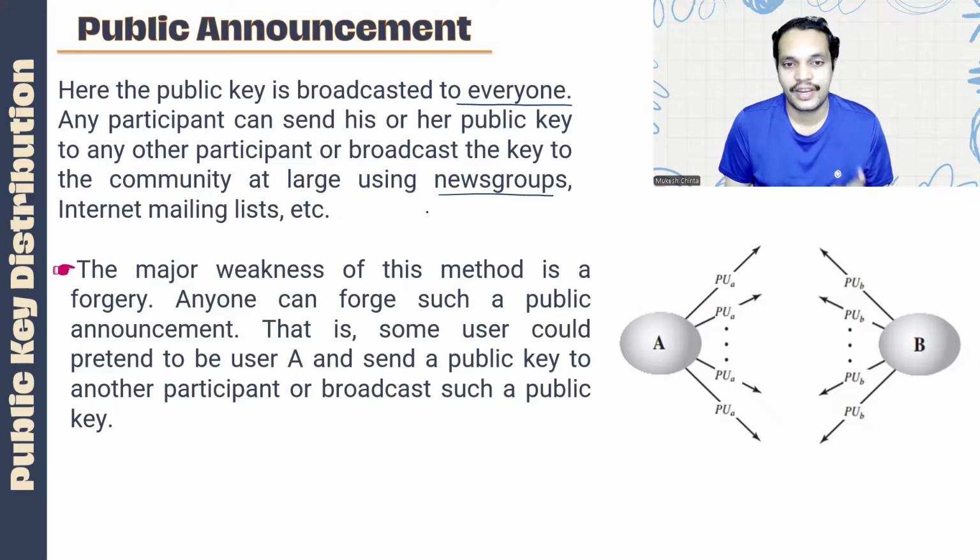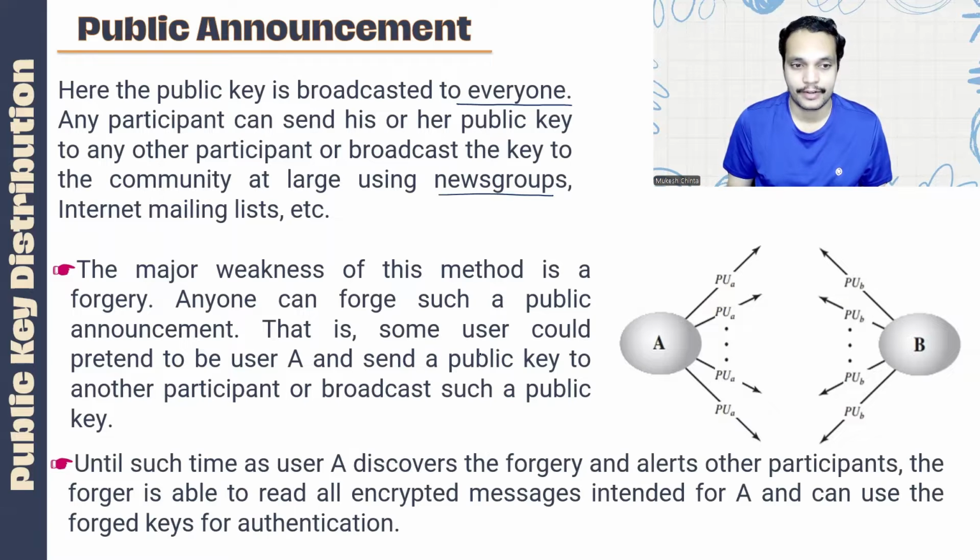But the major weakness of this method is forgery. Anyone can forge such a public announcement. That is, someone can claim to be me and then distribute his or her public key as my key. Some user could pretend to be user A and send a public key to another participant or broadcast such a public key. By the time this comes to my knowledge and I announce that it is not my key, the damage has already been done.